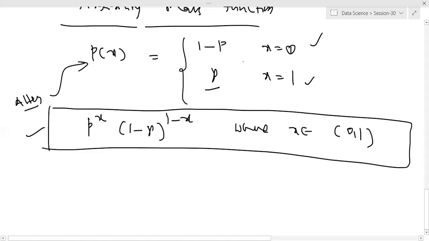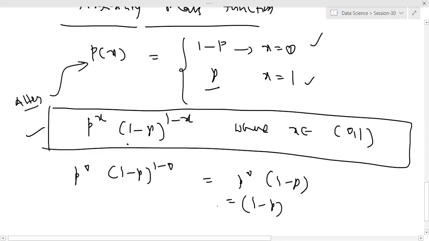We have only two values possible in Bernoulli: success or failure. If we put X equal to 0, we get P power 0 into (1 minus P) power 1, which is 1 minus P only.